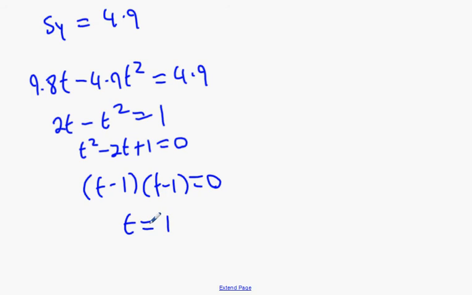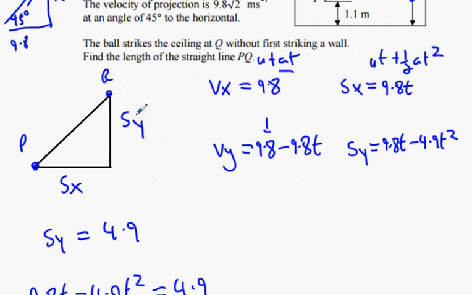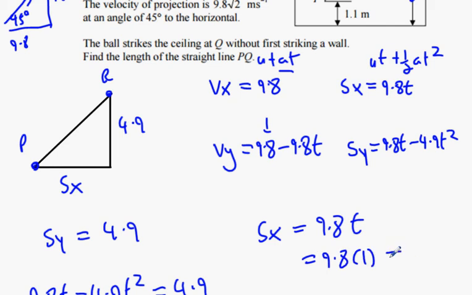Okay, so we know s_y is 4.9. We now need to find the s_x value. s_x is 9.8t, which is 9.8 multiplied by 1, which is 9.8 meters this way.